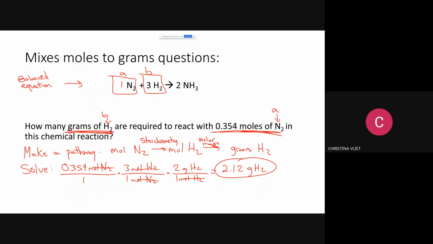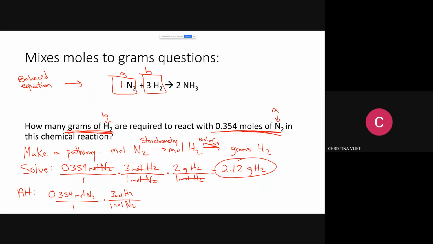How else could we have done this? Alternative way. After the first step, you could have done this. 0.354 moles of N2 over 1. We go to 3, right? Yes. 3 moles H2 over 1 mole N2.